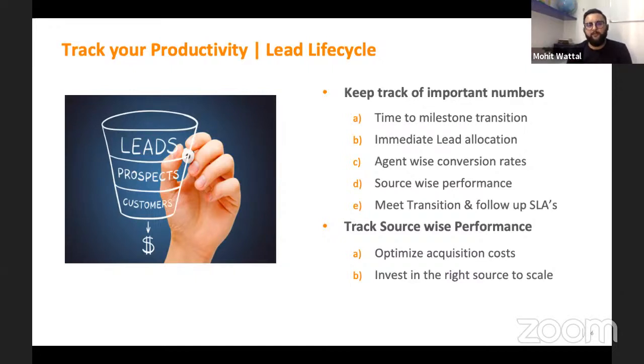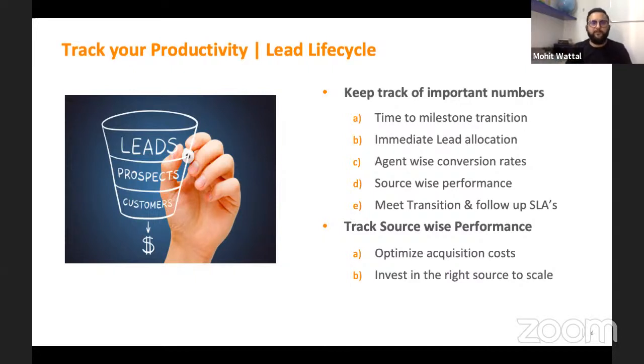What if I make leads through a particular channel where the cost of that lead is 500 rupees a lead, but I only convert 1% of the leads, compared to another channel where the cost of the lead is 1500 rupees, but I'm able to convert 8% of the overall leads? What should I do? Where should I invest more of my money?